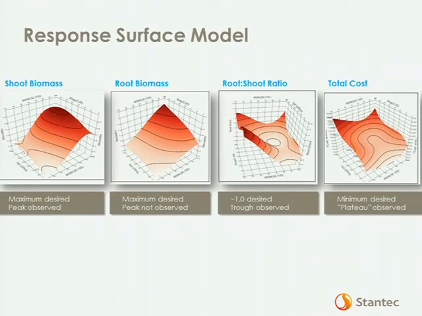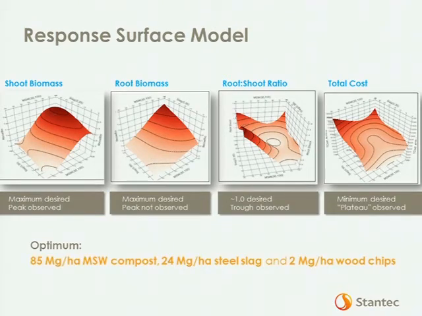And with our total cost, we had this cost plateau, which is ideally what you'd want. Because the more stuff we add, we're generating a cost, but we want to offset the cost of additions with improved performance. So we found this plateau of optimum cost. Now integrating all of the different responses and the combinations of amendments, it's complicated to describe the statistical output, so I'm only going to present the optimum.